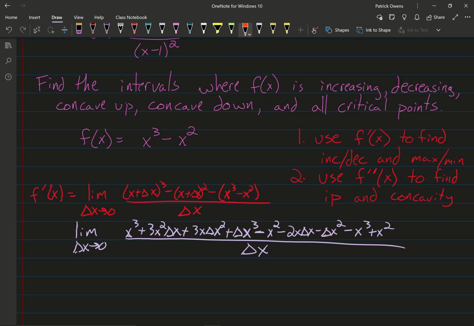And let's rewrite this because this is getting a little messy. So we have 3x squared plus 3x delta x plus delta x squared minus 2x minus delta x.